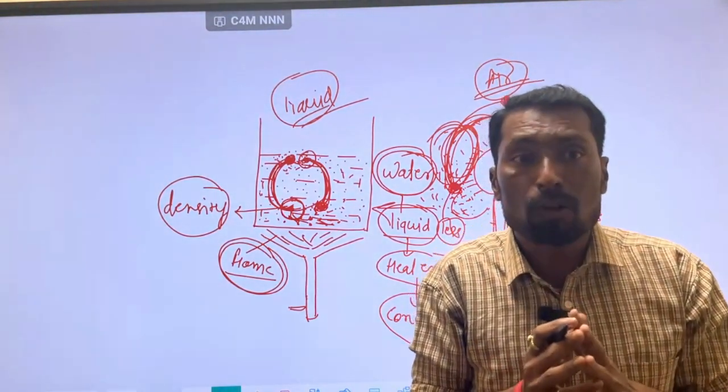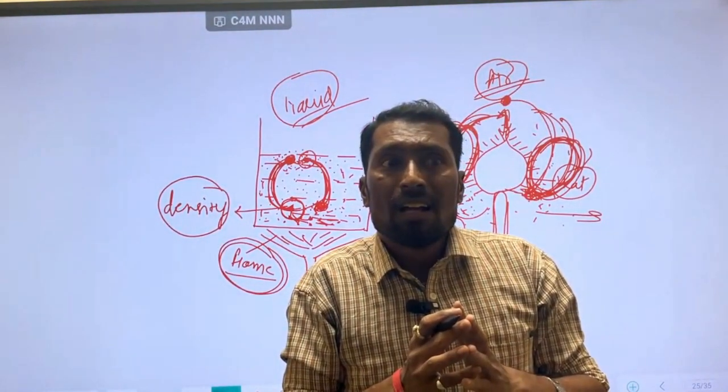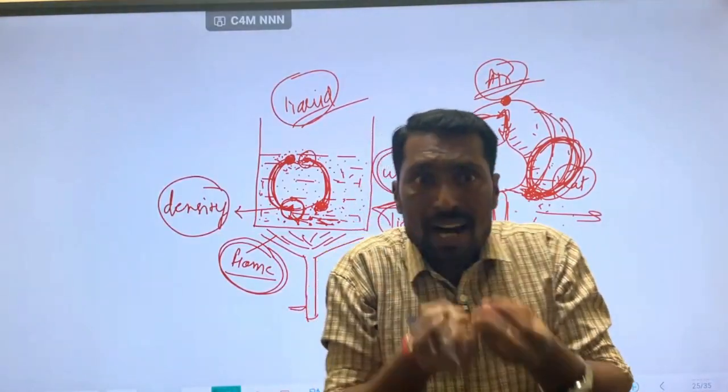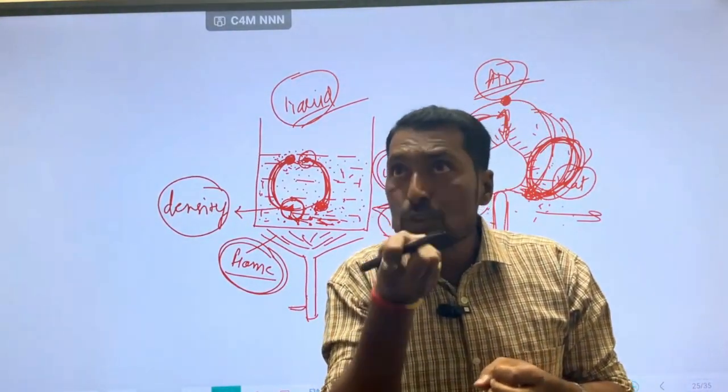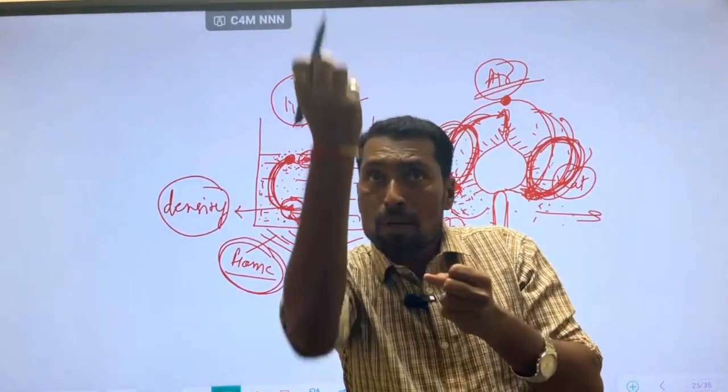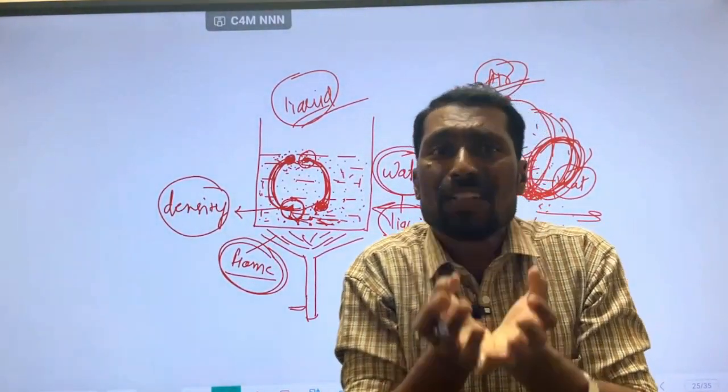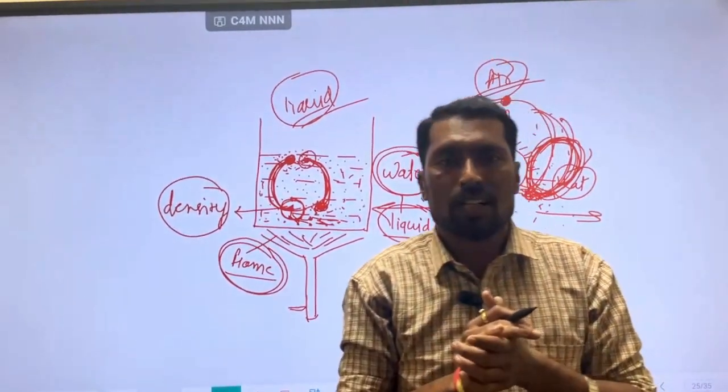Why does this happen? Because in that room the air particles are present. They absorb the heat energy from the atmosphere, from the sun. They become lightweight and they move in an upward direction.